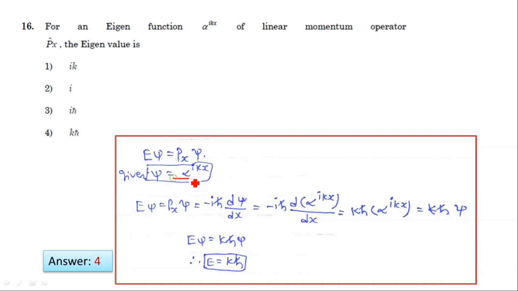So you substitute here, Px psi is given as minus i h bar dou psi by dou x. Now you substitute the value of psi. Now we will get kh times e to the power ikx. e to the power ikx is nothing but psi. So here E psi equal to kh psi. Now E, the eigenvalue, is kh. So option 4 is correct.